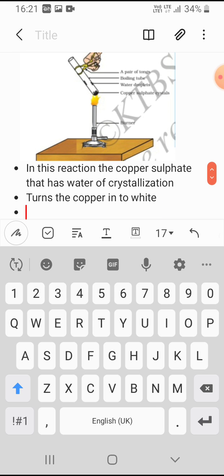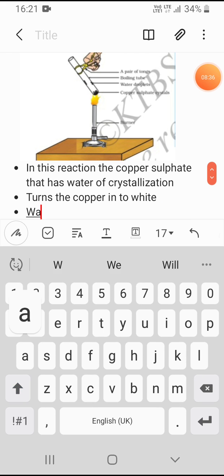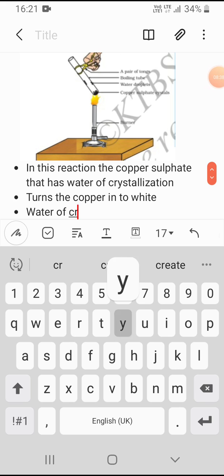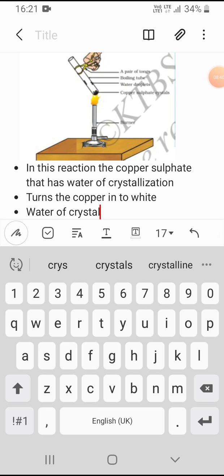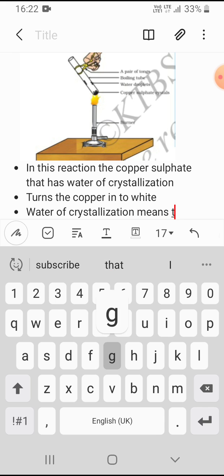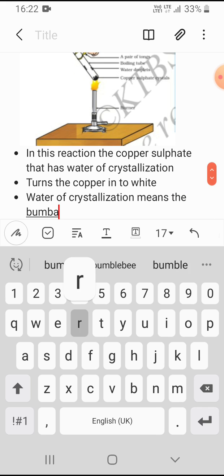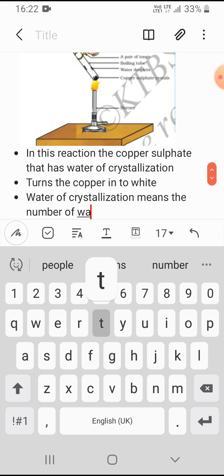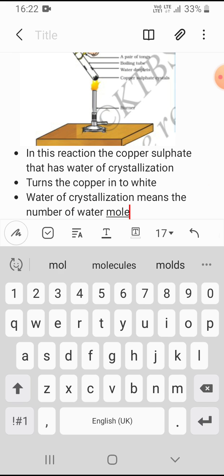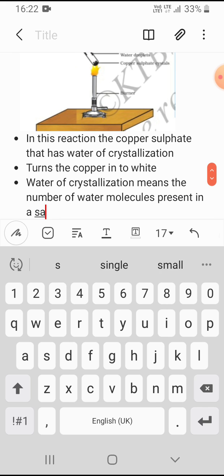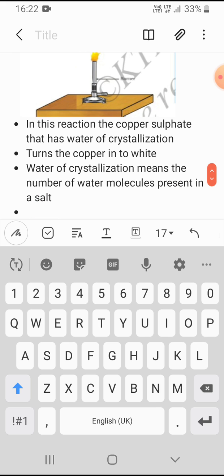As I said, white color things come. Water of crystallization means the number of water molecules present in a salt. In a salt, what number of water molecules are there?